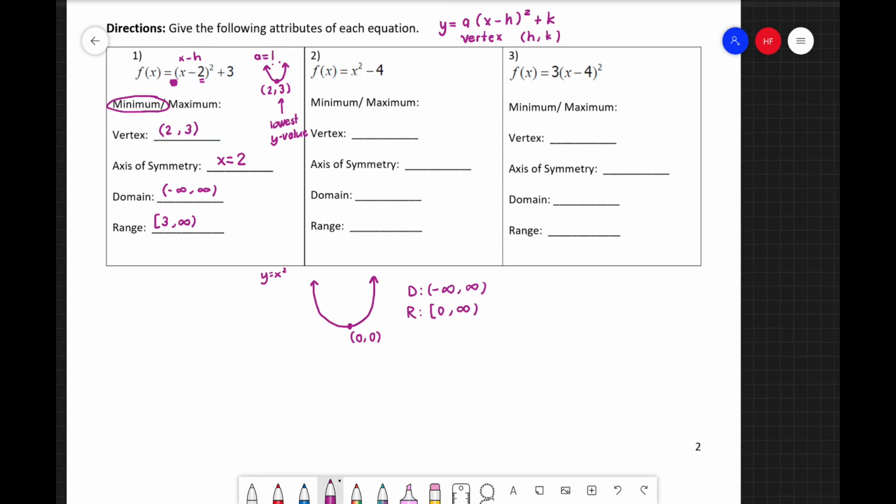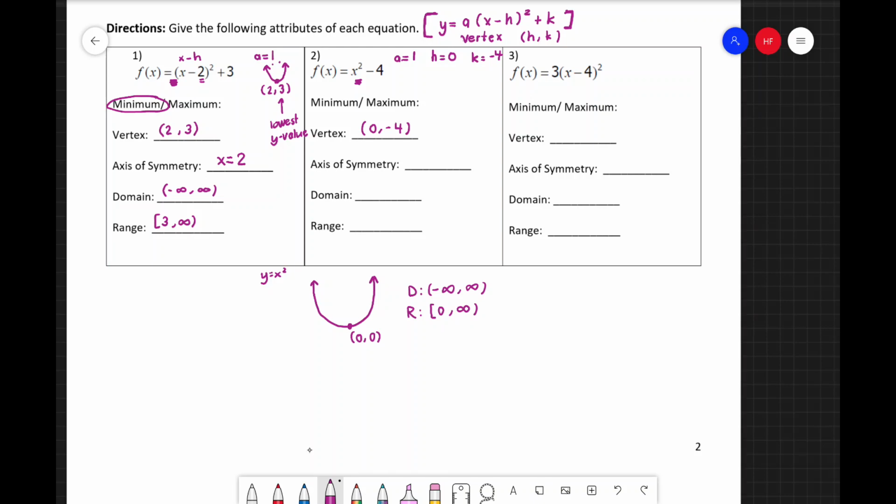So we're still on number 2. And if we're looking at this the way that we've got written here, we're looking at it in vertex form. My a value is 1. My h value, nothing's being added onto or subtracted from x, so my h value is 0 and my k value is negative 4. So that's important for our vertex because our vertex is (0, negative 4).